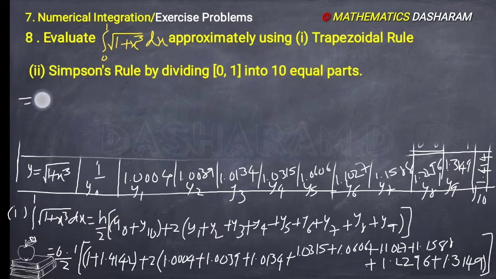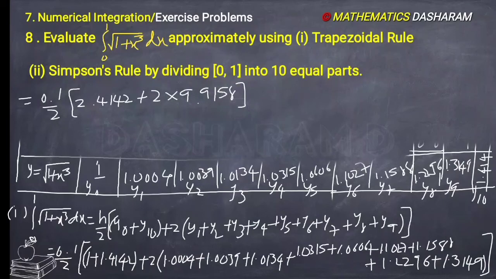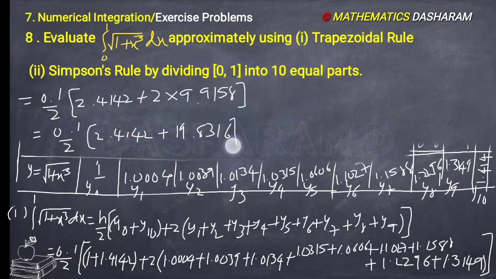So it is equals to 0.1 divided by 2 bracket of 1 plus 1.4142 is 2.4142 plus 2 into the addition of these all numbers is 9.9158. So it is equals to 0.1 divided by 2, 2.4142 plus 2 into 9.9158 is 19.8316.